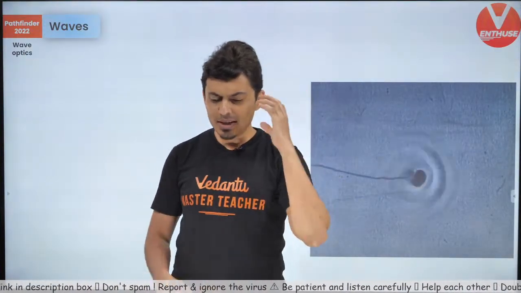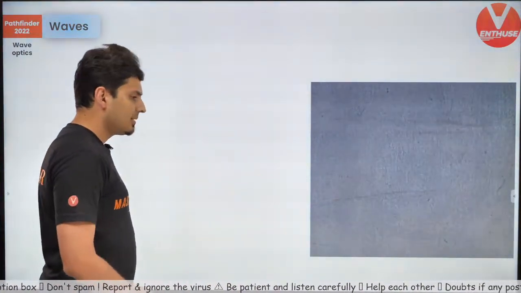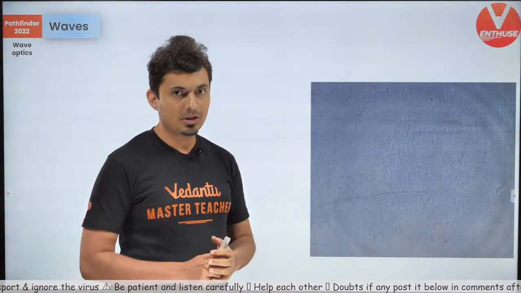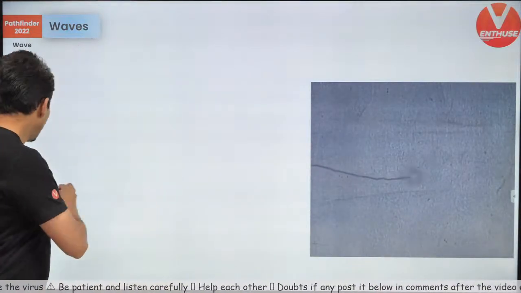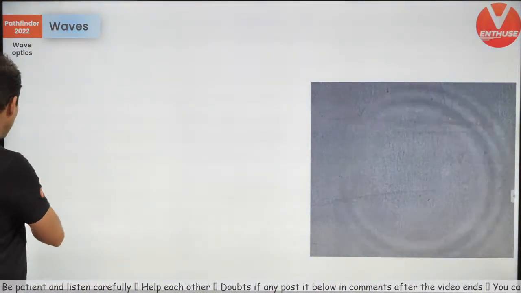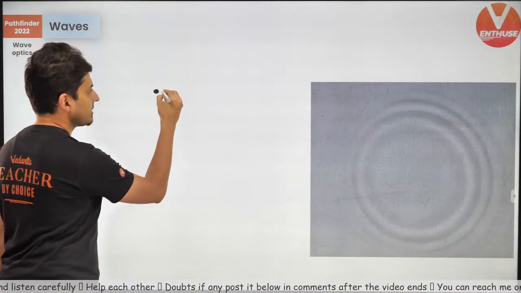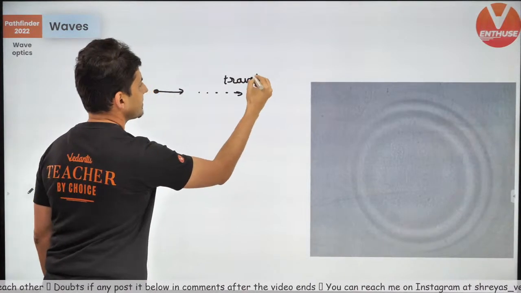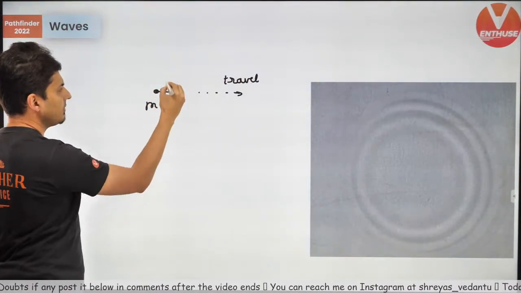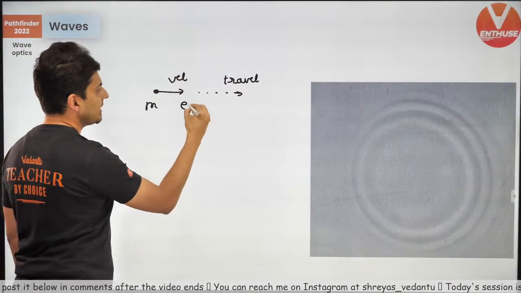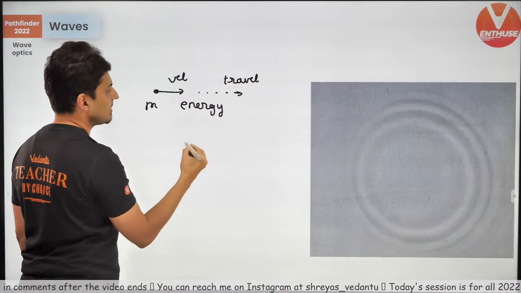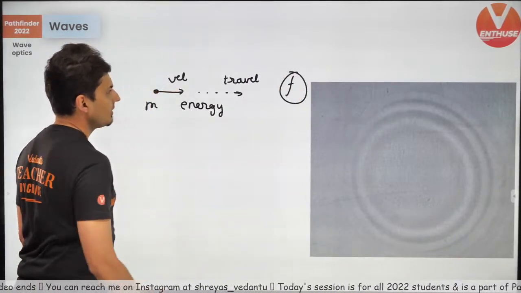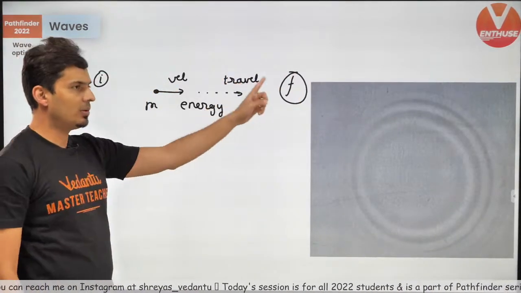So what is a wave, and what are we going to talk about in this chapter? Rather, in this session. Whenever some particle of mass m travels from one place to the other with some velocity, it carries some energy from the initial point to the final point.